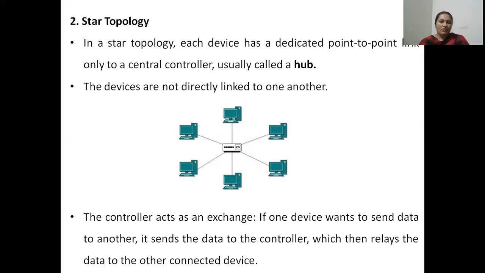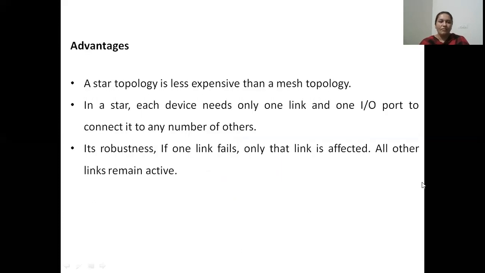Hence, the number of point-to-point links required is quite less compared to the mesh topology. Every computer should have only one IO port and one dedicated link to the hub, which is the central controller of the star topology. The central hub acts as the exchange point of information in the star topology.